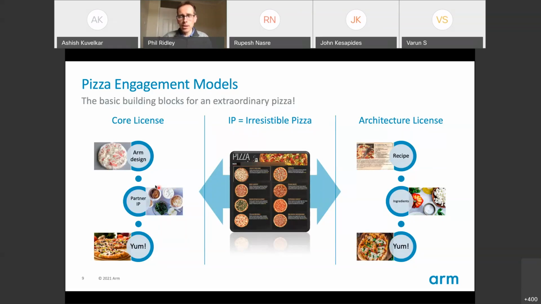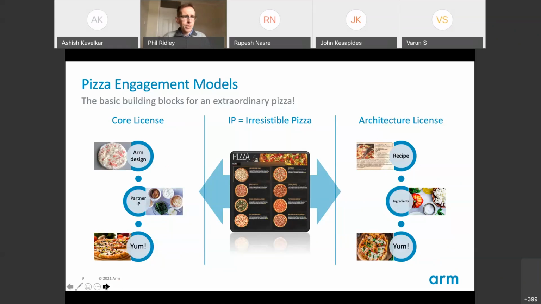So there isn't that much that you can change, but you can still add your own ingredients, and then you end up with a very nice pizza at the end. But on the other side, if you want to take the architectural model, that basically just gives you a recipe. So then it's up to you to cook things from the bottom up, and then add your own ingredients. So there's much more work than if you'd just taken the pizza base and added your own ingredients.